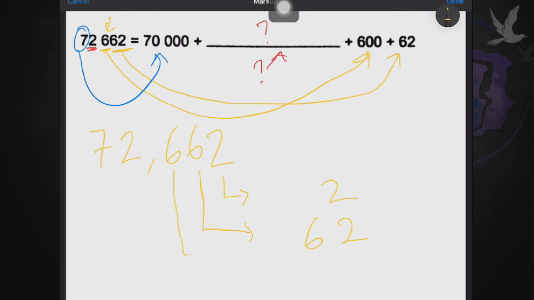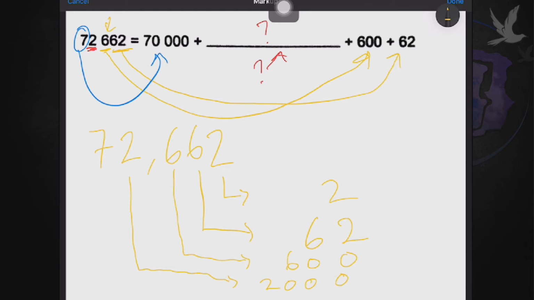The value of this 6 as well is 600. And we can now say that the value of 2 over here is equivalent to 2,000.